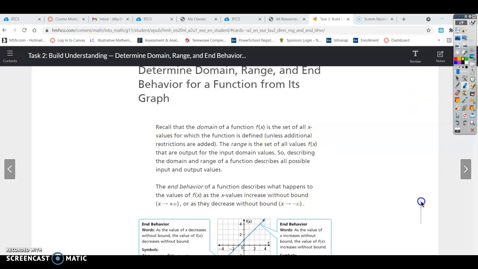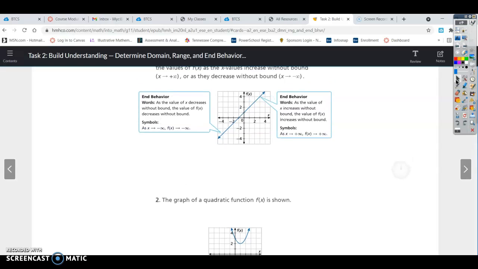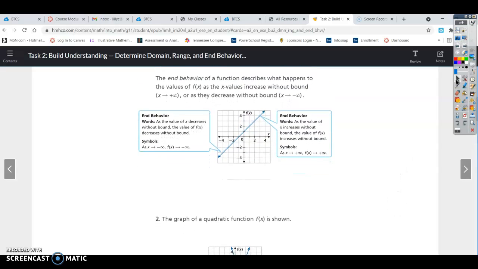Let's look and see what that looks like. Here's a graph, and it talks about the end behavior. We're looking at this left side of the graph where it's going down, and you can see that from 0 to -4 your x's are decreasing, so your x's are going towards negative infinity. Your y values are on your vertical axis.